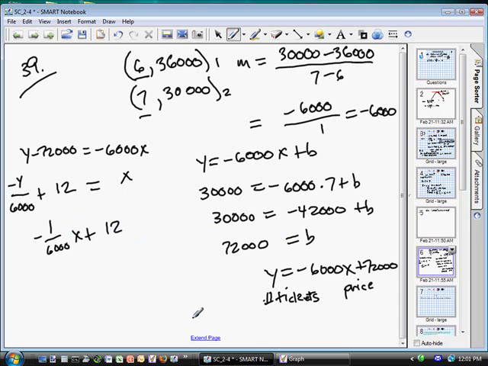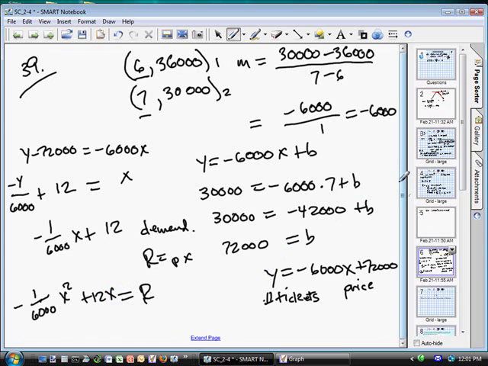Okay, now there's demand. Now move on. Okay, what's revenue? Revenue equals demand times x. So revenue is equal to negative 1/6,000 x squared plus 12x.